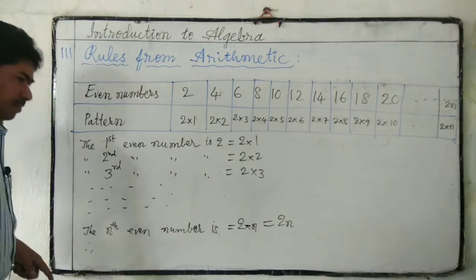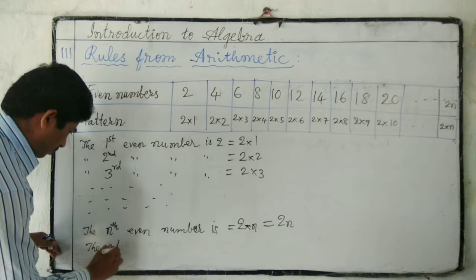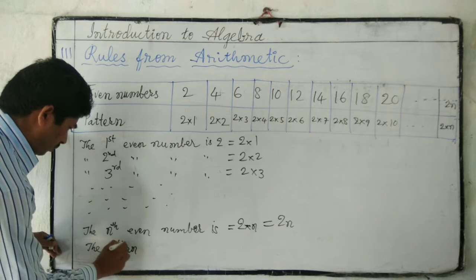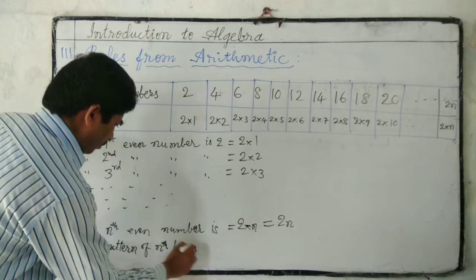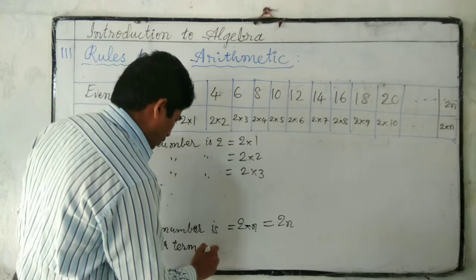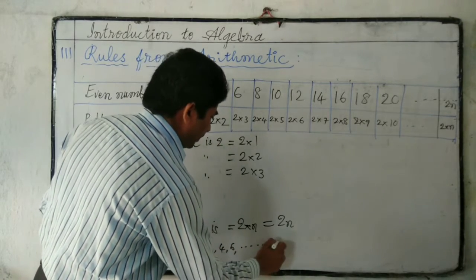So the pattern of the nth term of 2, 4, 6 and so on is 2n.